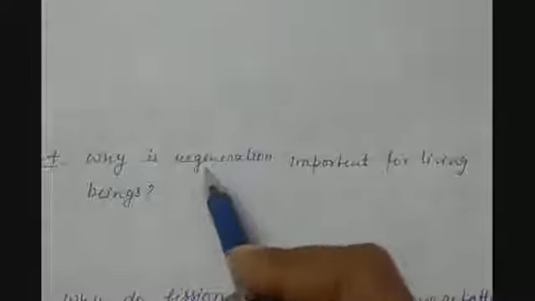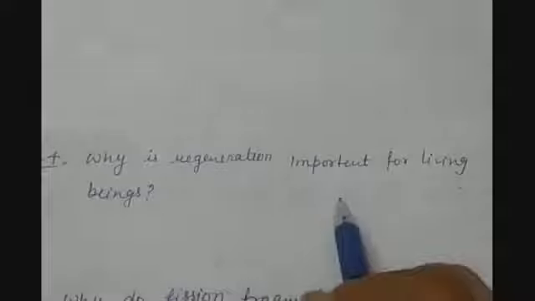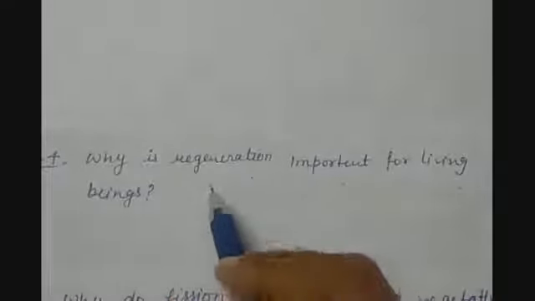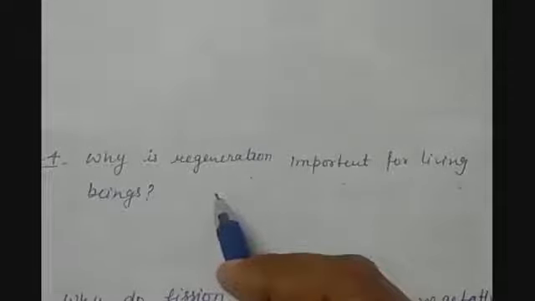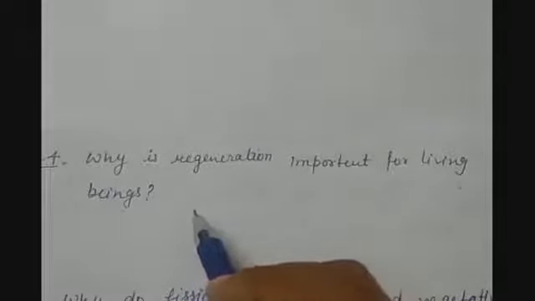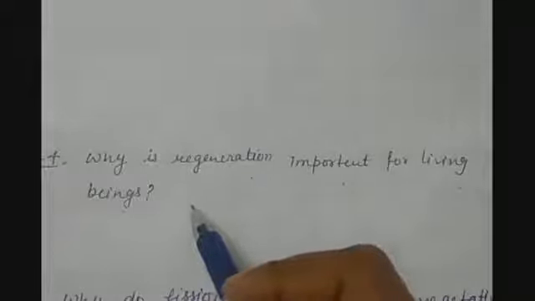That process is called regeneration. So regeneration is important for living beings, as in this process, if a part of the organism is lost, then only a few have this characteristic, then they can redevelop or regenerate that part.